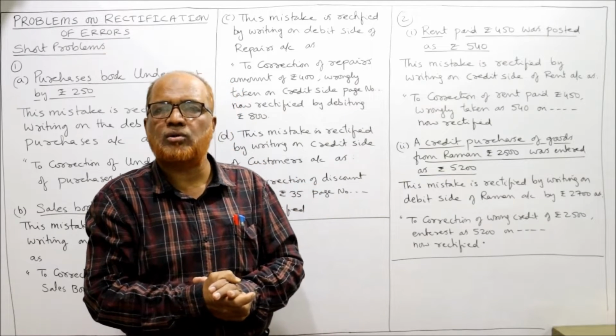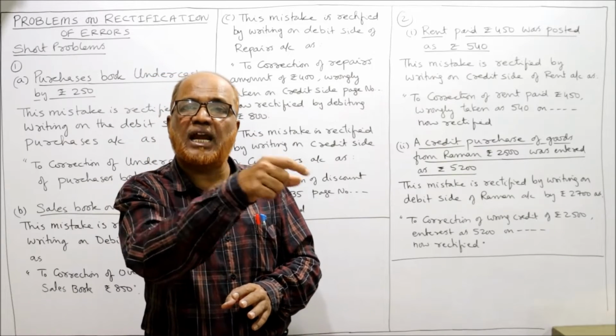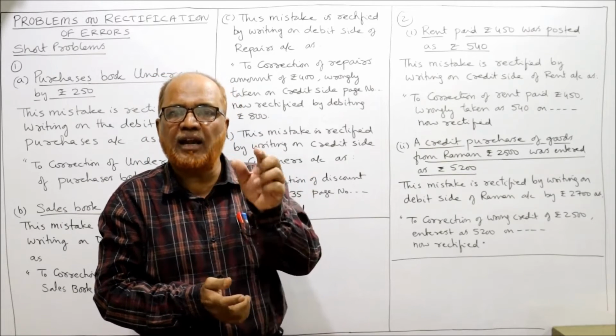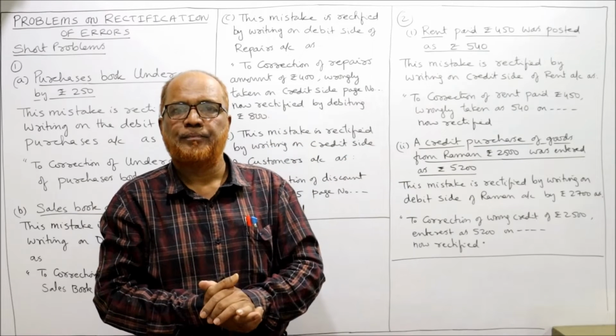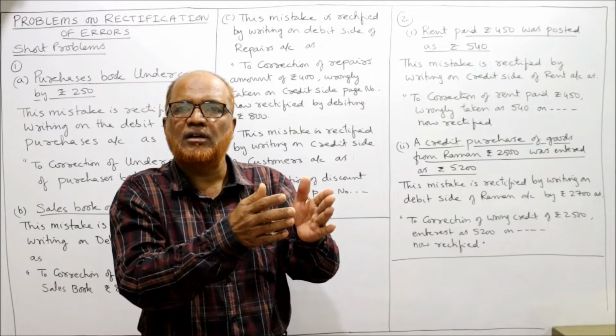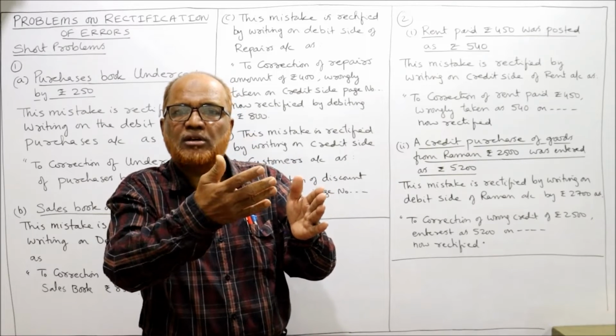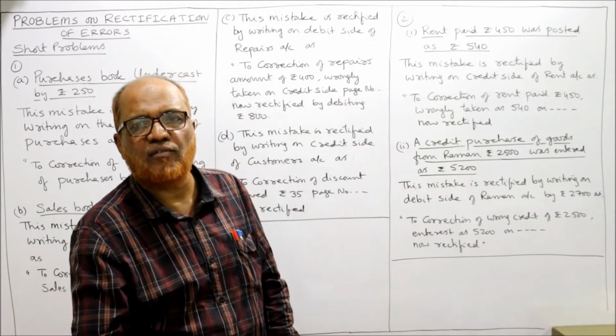Which account? The rent account. So this error can be rectified by crediting the rent account by rupees 90, because instead of 450, we have taken 540. The excess amount, 90 rupees, we put on the credit side of the rent account.